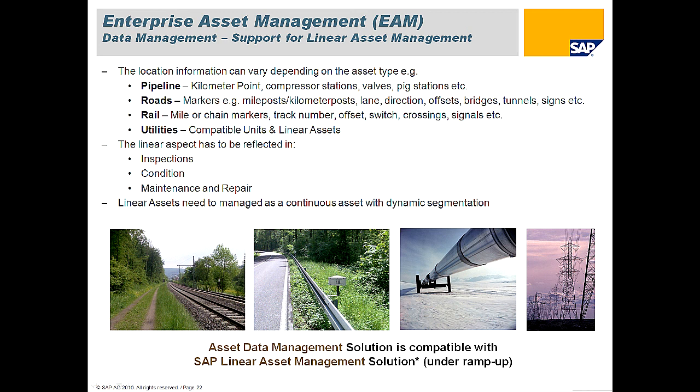For pipeline customers, the assets are linear in nature. That is, in a traditional plant maintenance perspective, equipments installed in different functional locations are physically addressable. In which plant or within which maintenance plant, or a physical address.